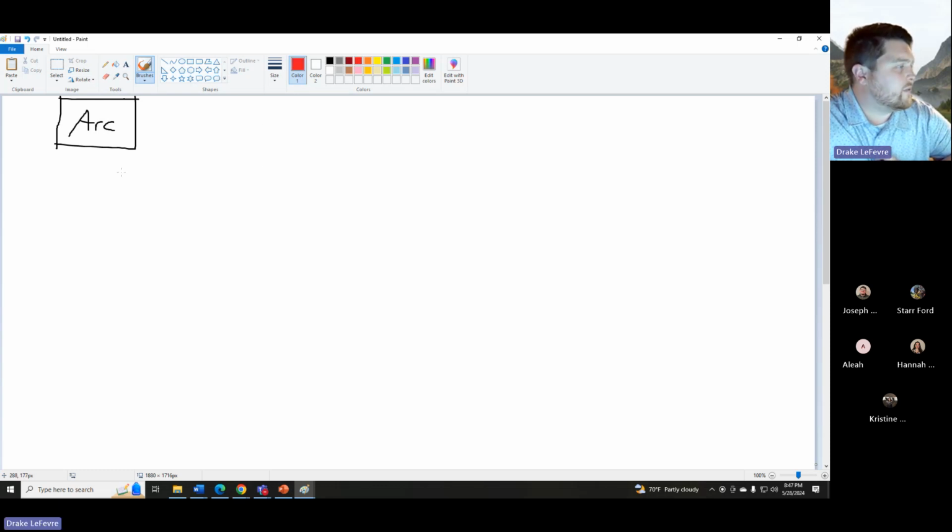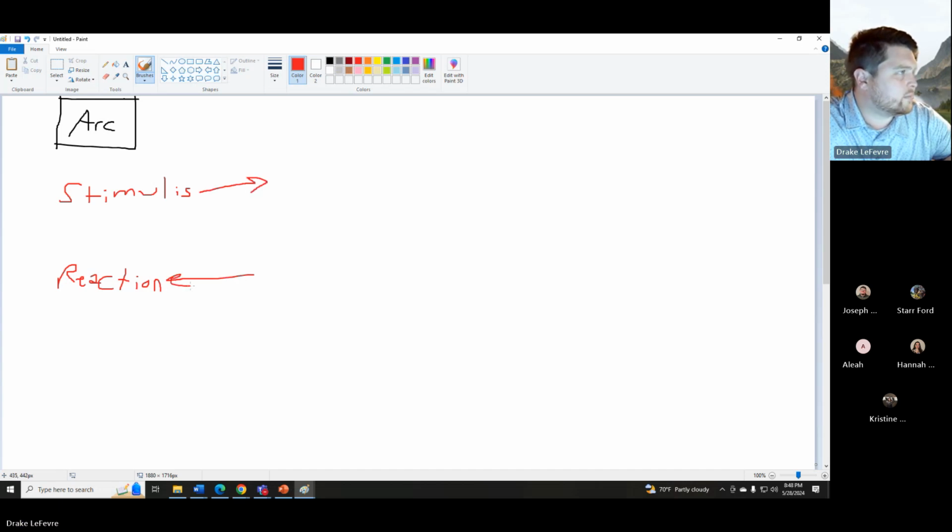First, we begin with a stimulus, and we're going to end with some type of reaction. Neither of these are part of the reflex arc. They're just how it begins and ends.